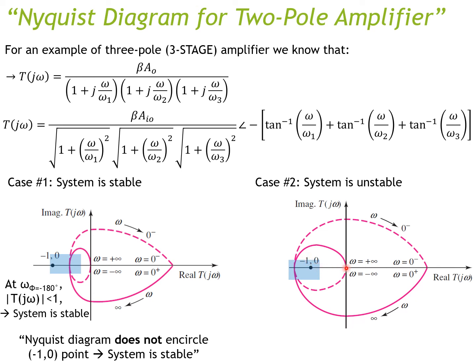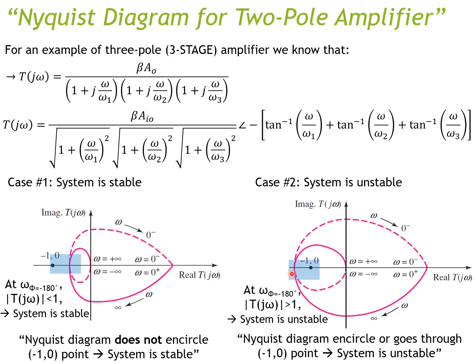So if I draw a vector from here to here, what will happen? I can see that this vector, where the phase is equal to negative 180 degrees, will have a magnitude of more than 1. So the system will become unstable.